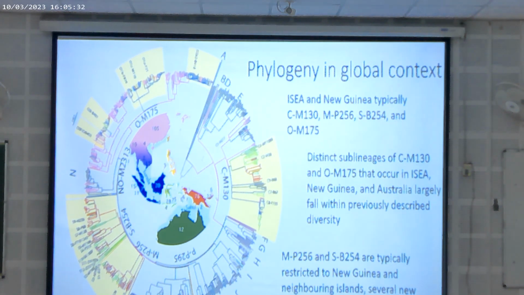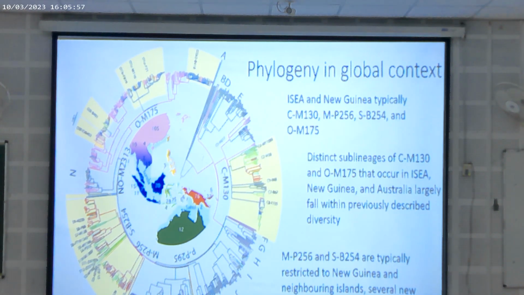So this is the same global phylogeny that you saw before, but now it has been put into circular form. Haplogroup A and B were the deep African lineages, and everything that has been highlighted here in yellow is the lineages from island Southeast Asia, the area of Oceania.